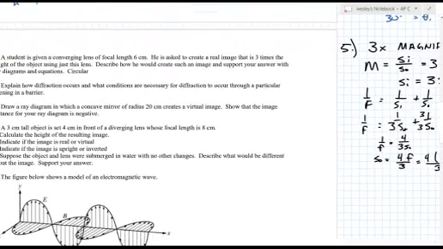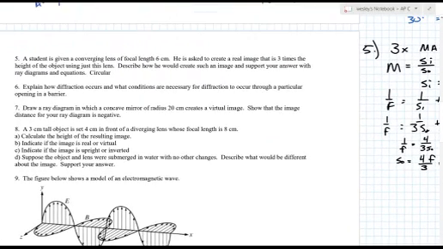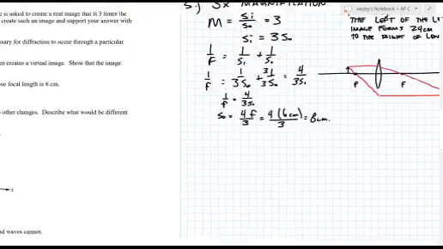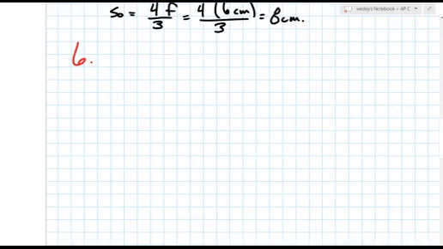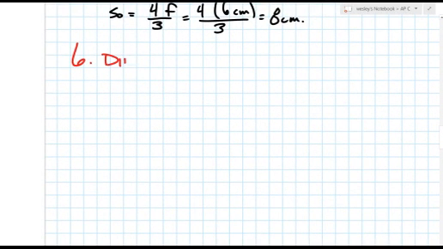Number 6, explain how diffraction occurs and what conditions are necessary for diffraction to occur through a particular barrier. 6, we just need to kind of define diffraction.